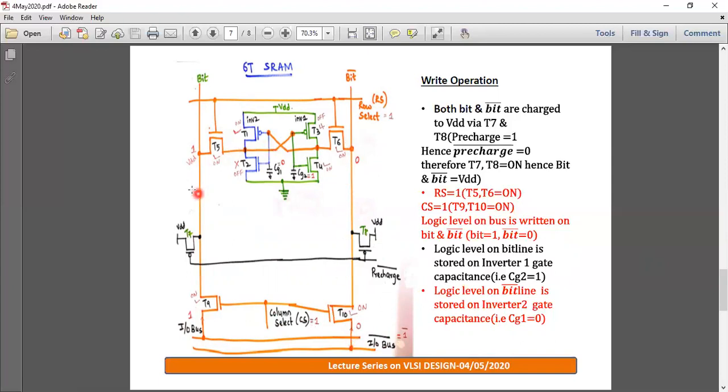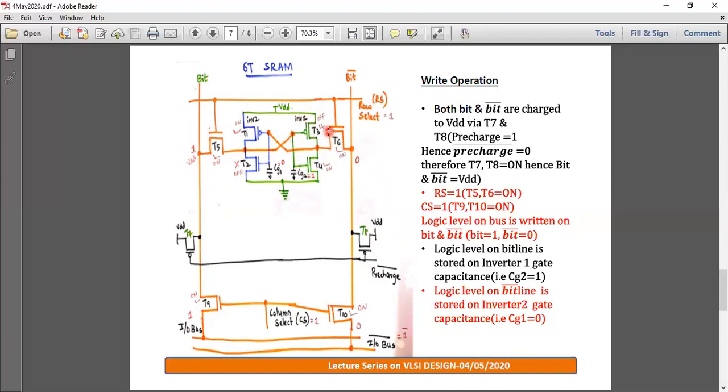Please note, before these logic levels, both these bit and bit bar were at VDD. Now it is at logic 1 on bit line and 0 on bit bar line. Since T5 transistor is on, logic level on bit line, that is logic 1, is stored on gate capacitance of inverter 1.